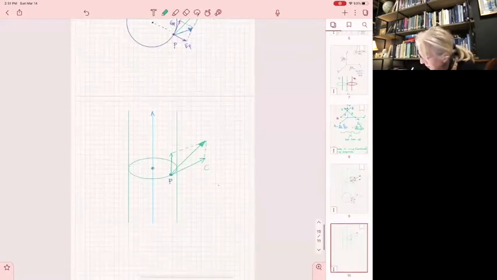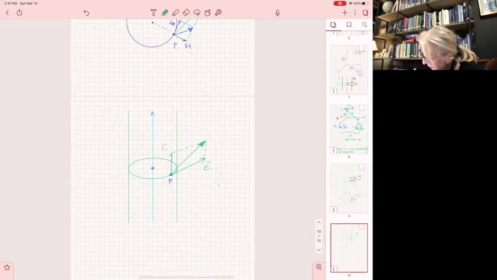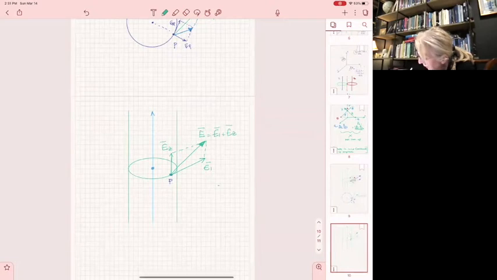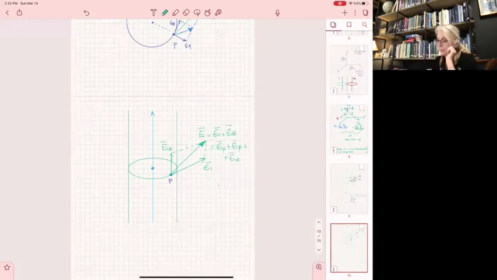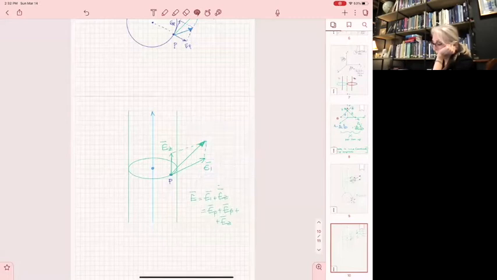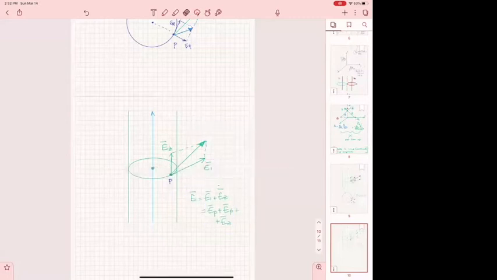Then if this is E1 and this is EZ, then this is the total field, which is E1 plus EZ, but E1 equals E rho plus E phi, so the total is E rho plus E phi plus EZ. Was I responding to your question? Yes. Okay. Thank you. You're welcome.